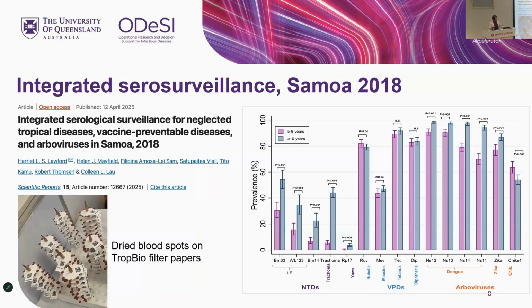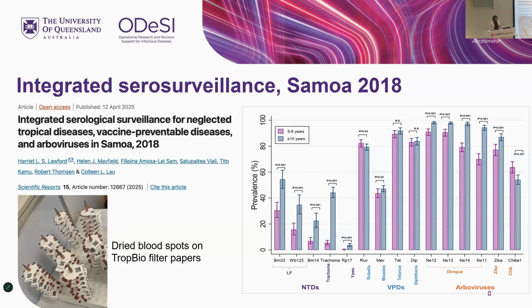At the same time, we collected dried blood spots. These are filter papers. We put 10 microliters on each of those ears on the filter paper, and all the tests were run on just one or two of those ears, and then the rest is stored.